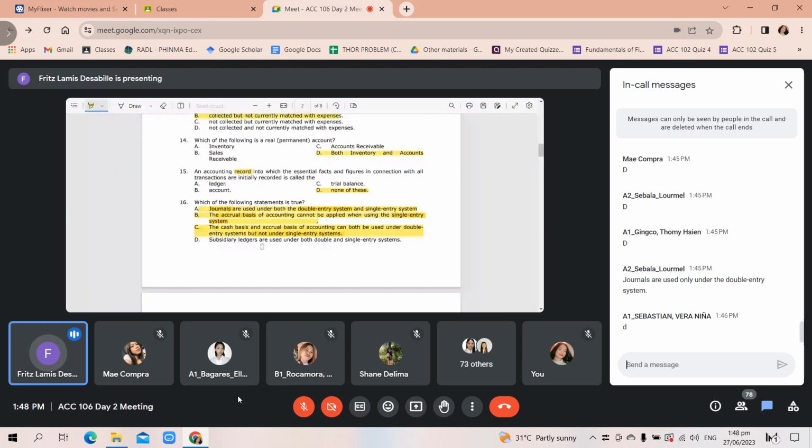Now, subsidiary ledgers are used under both double entry system and single entry systems. Now, subsidiary ledgers, again, so, di ba, sa ledger na to, natay general ledger and natay subsidiary ledger. Sige, let me check kung na ako'y ano din nga general ledger and subsidiary ledger ha, for a while.